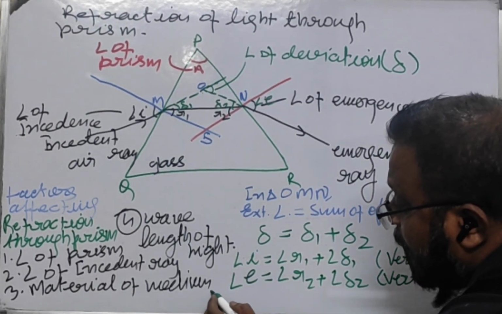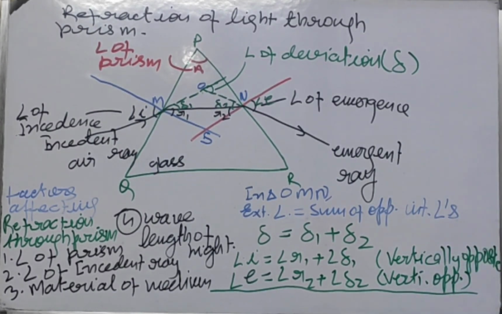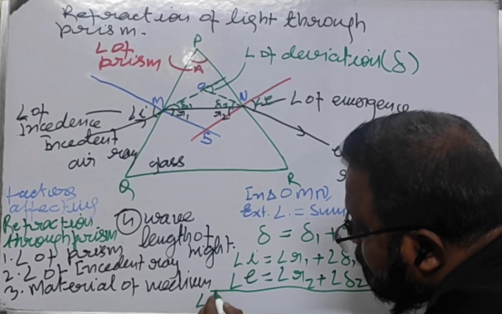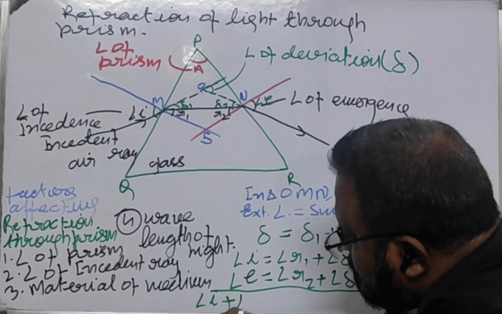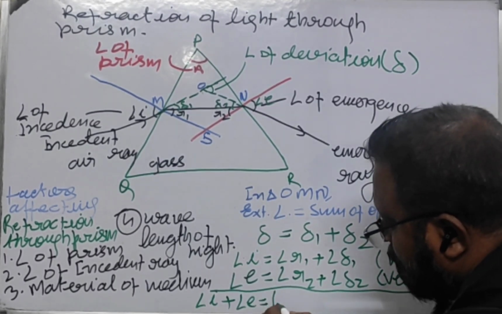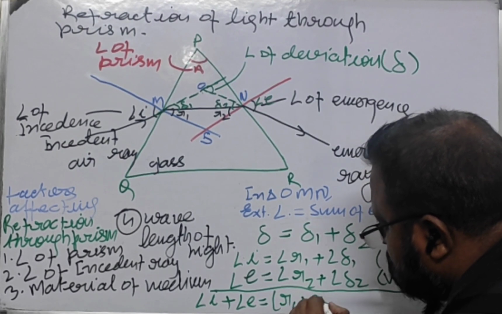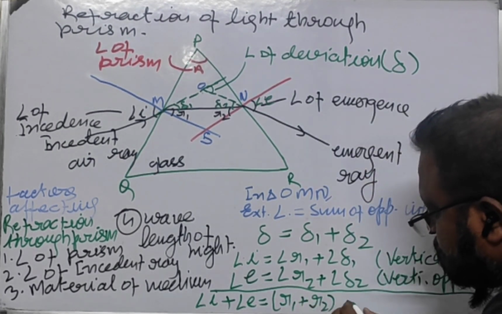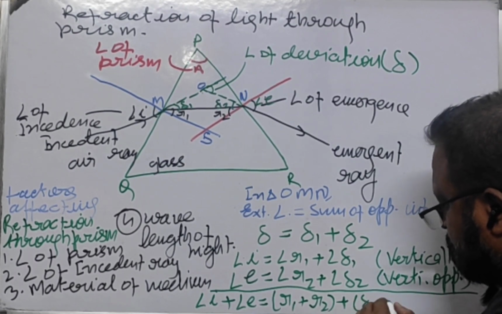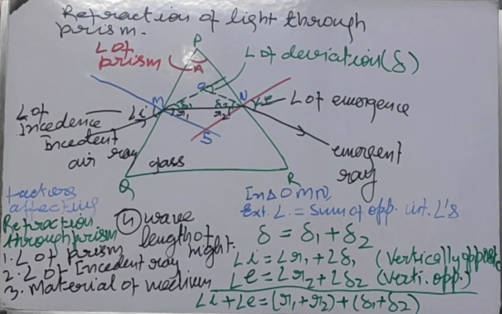When you add these two, you get angle I plus angle E is equal to R1 plus R2 plus deviation 1 plus deviation 2.